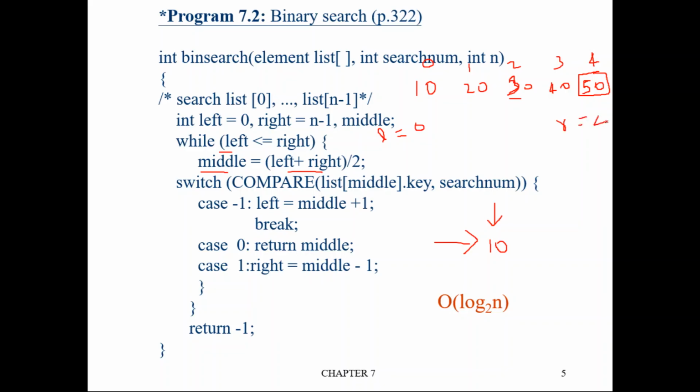Middle is 4 by 2, which is 2, so middle is 2. Now we compare the second element. Is it equal to the element to be searched? No. Is the second element greater than the element to be searched? It means that the element to be searched is to the left of the list, not to the right. Now we have to update the right pointer, so the right pointer should become middle minus 1.